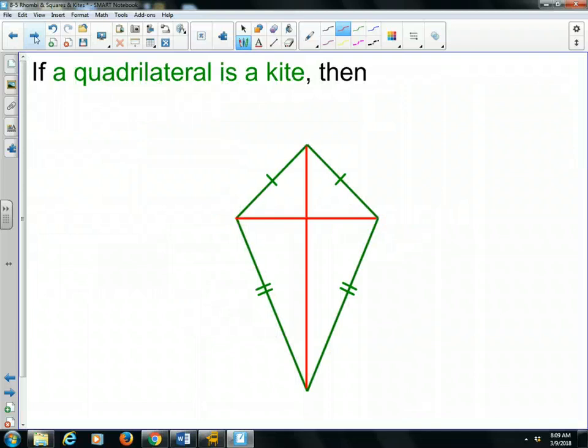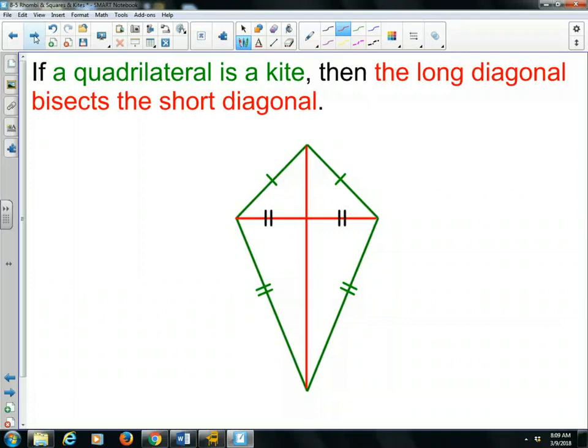Now a few properties about a kite. If a quadrilateral is a kite, then the longer diagonal is a bisector. So if this segment right here is 20 inches long, then each side is 10. The longer diagonal is a segment bisector.